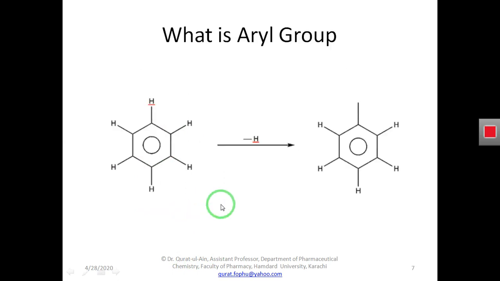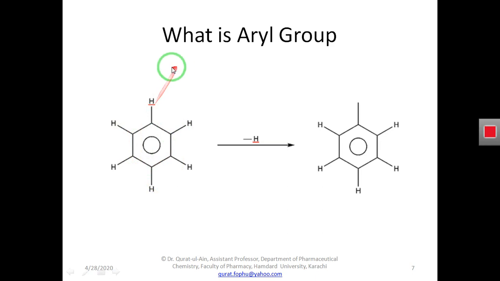So here the question is, what is this aryl? An aryl group is a functional group that is based on an aromatic ring from which one hydrogen atom is removed. Here we can see this is an aromatic ring compound having 6 carbon and 6 hydrogen.